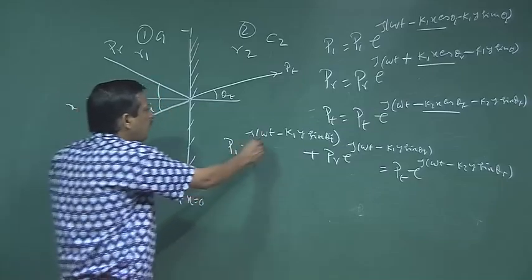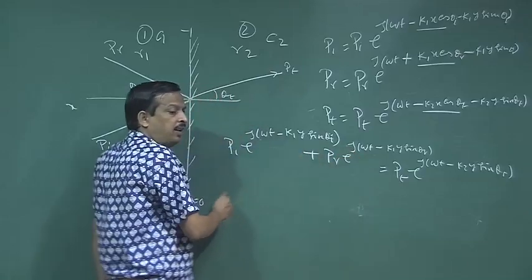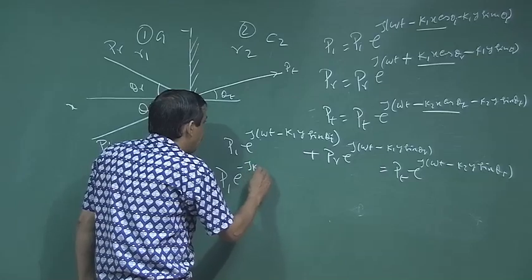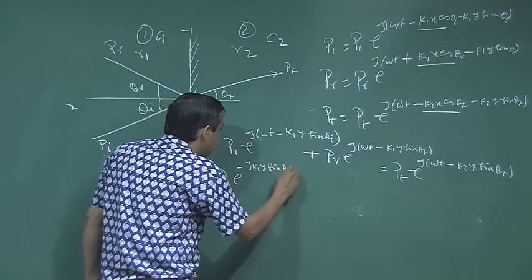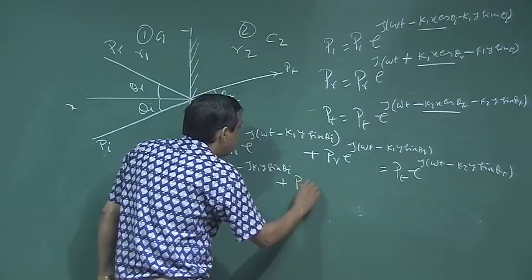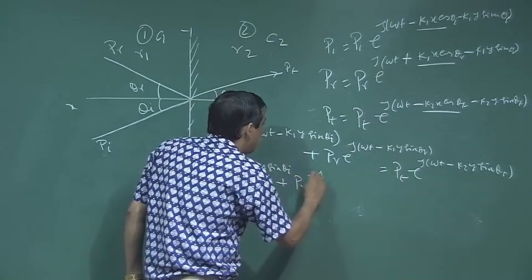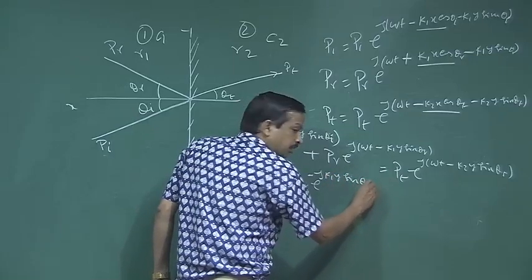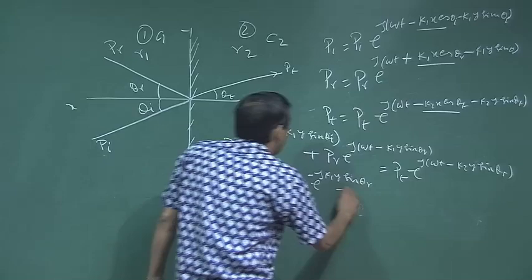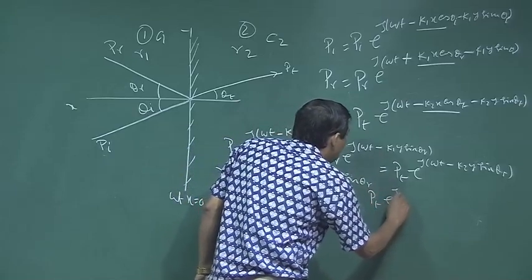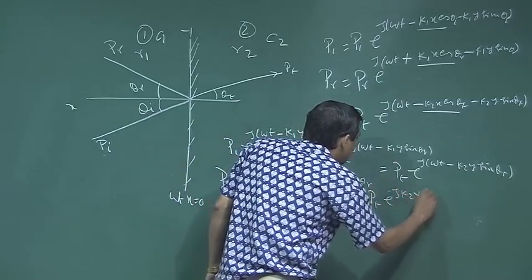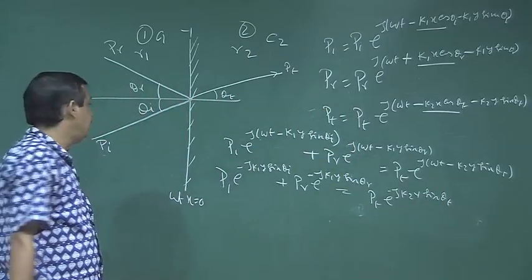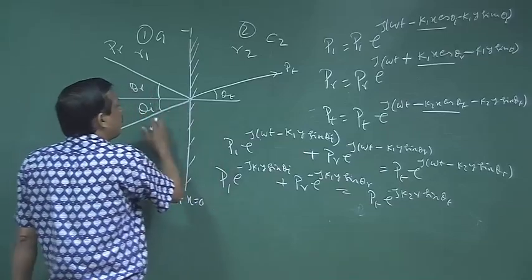The e to the power j omega t cancels. So Pi e to the power minus j k1 y sin theta i plus PR e to the power minus j k1 y sin theta r is equal to Pt e to the power minus j k2 y sin theta t. This is condition number 1, the pressure on both sides will be equal.